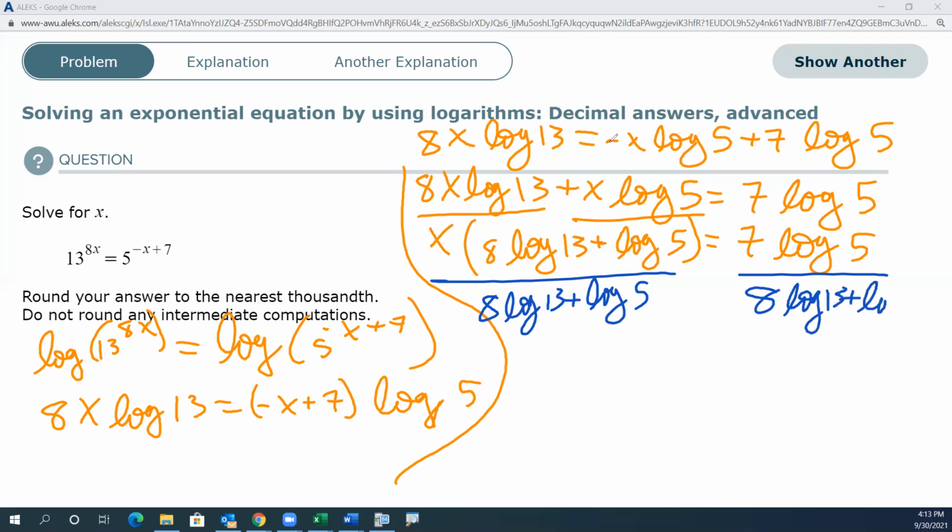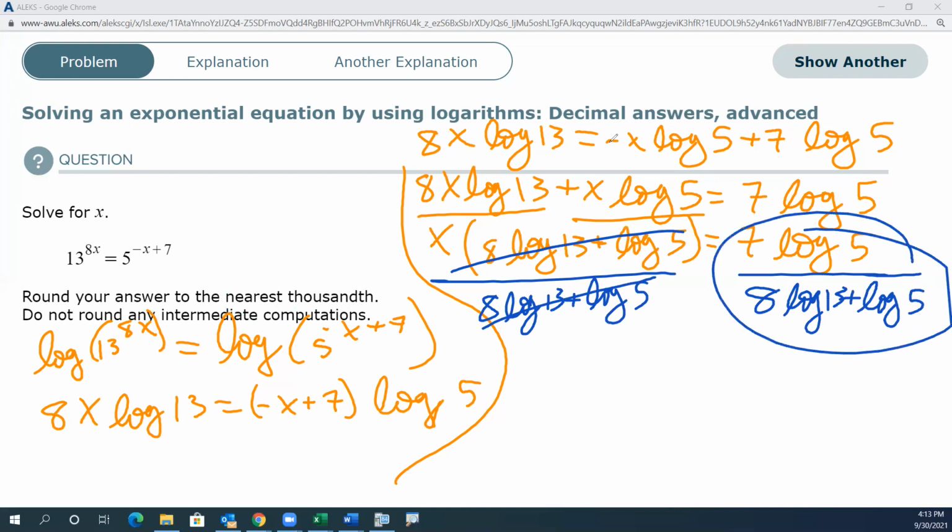Okay, so that cancels, and you just get x on the left, and you get this big boy on the right. So on this one, it says go to the nearest thousandth, which means plug this into the calculator, like we said before, and then round it off to 3 decimal places, nearest thousandth.